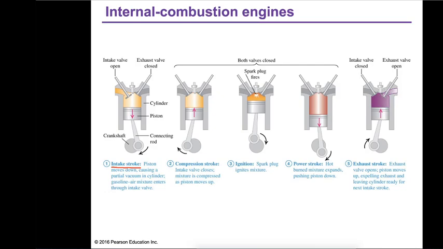And then this exhaust valve will be closed again. And then this intake valve will open and the piston will move down in the next stage, which is exactly stage one. So that's a whole cycle of the internal combustion engine working.